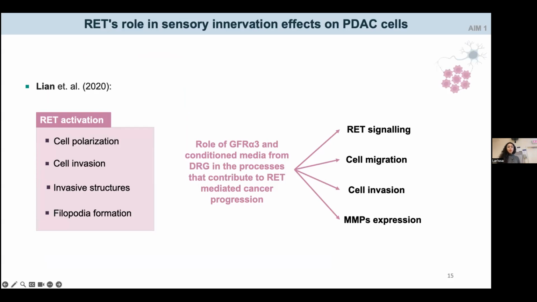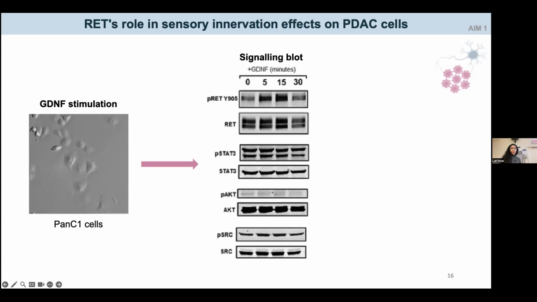Based on these results, we are interested in looking at the specific impact of GFRα3 and artemin in these mechanisms. Additionally, we want to determine whether the secretome of sensory innervation can replicate these effects. So to accomplish this, we will conduct cell polarization, individual cell migration, cell invasion, and gelatin xenograph assays.